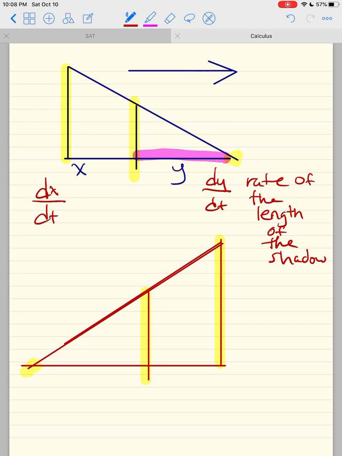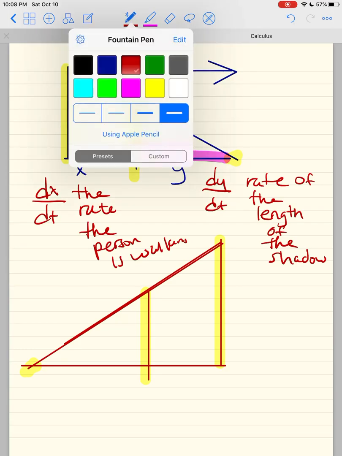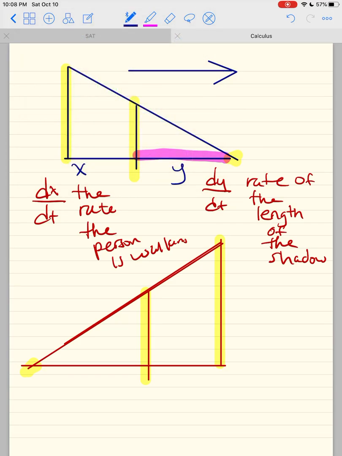dx/dt is going to be the rate the person is walking, okay? Now, one thing with this type of problem is that you're always going to have a constant. Maybe the distance between the light and the building is a constant, or the height of the building is a constant, but we'll figure it out with respect to the problem. I kind of switched my triangles around, but I really wanted both of them to be an opposite.